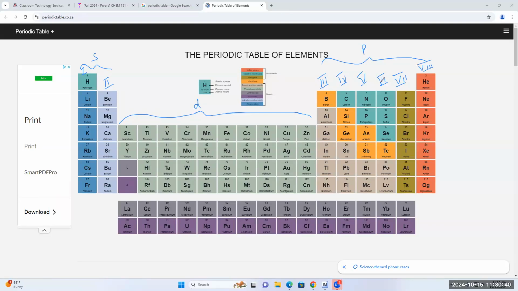Okay. This number of the group tells us how many valence electrons it has. So oxygen, sulfur, selenium, tellurium, these are group 6 elements, meaning they have 6 valence electrons. That's another way to remember that. Alexa? Yeah, that's another way. Or write the electron configuration.